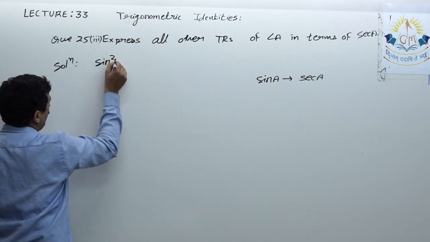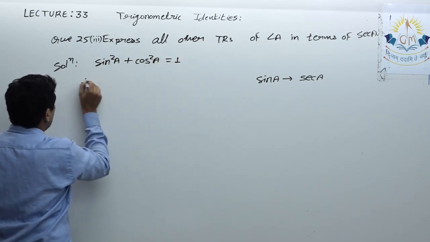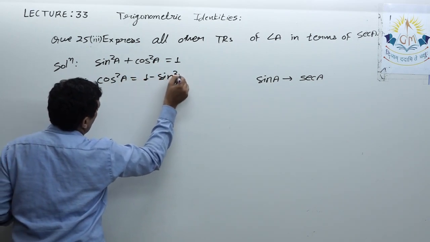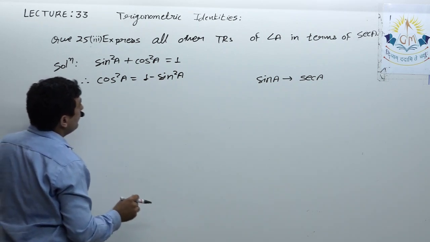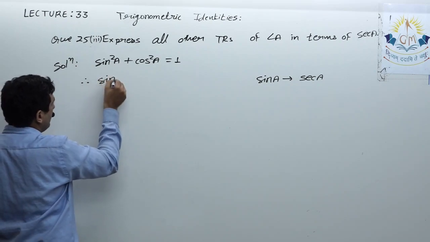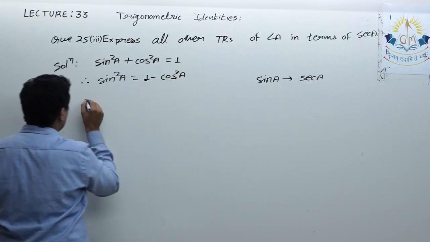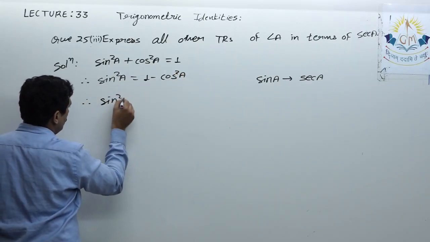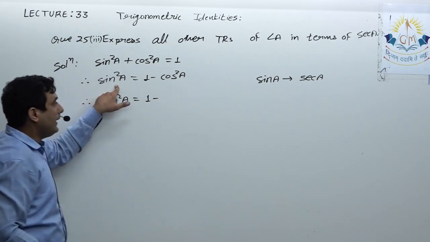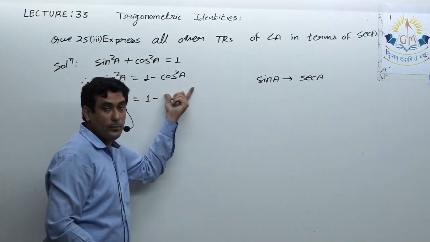Sin square A plus cos square A is equal to 1. So sin square A is equal to 1 minus cos square A. Now I have to represent sin A in terms of sec A, so this is the time when I have to convert cos in terms of sec.